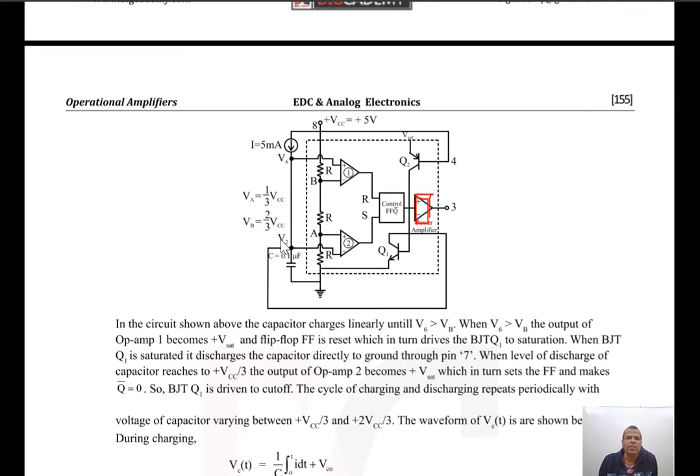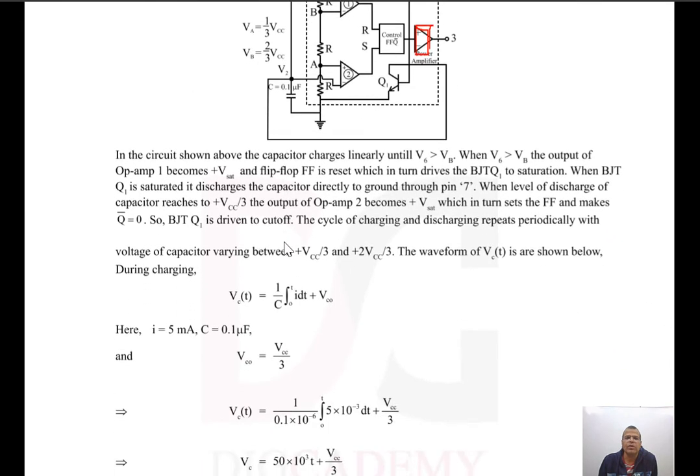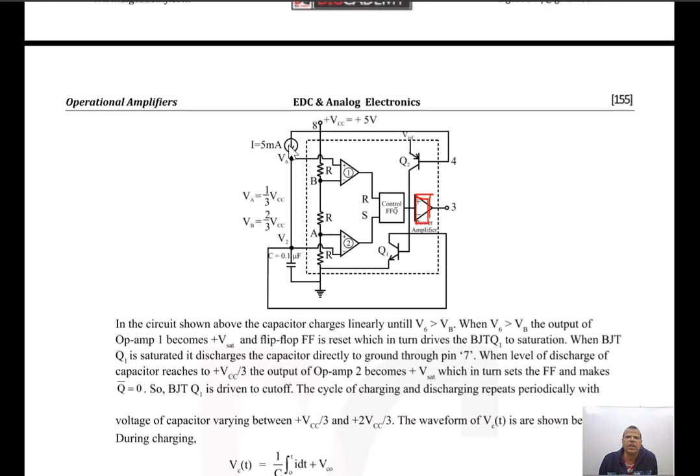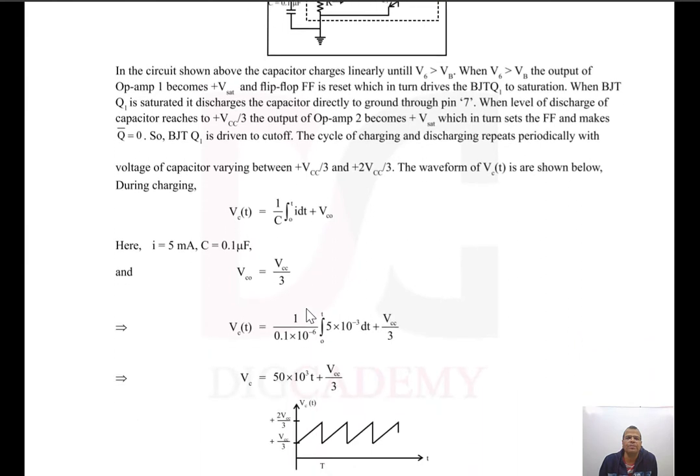But remember the voltage definitely varies from 1 by 3 VCC to 2 by 3 VCC. So this DC current will flow through the capacitor. There is no other way, because the current entering the inverting or non-inverting terminal of an op-amp is 0. So this DC current of 5 milliampere flows through the capacitor and goes to ground, and we know the voltage across the capacitor is given by 1 by C times the integration of current, with the initial voltage added to it.